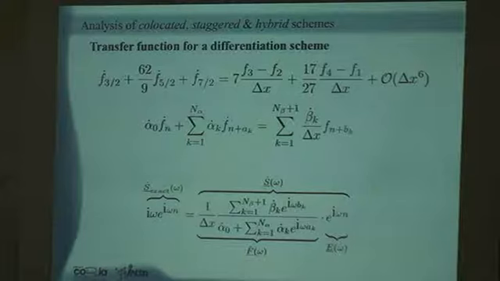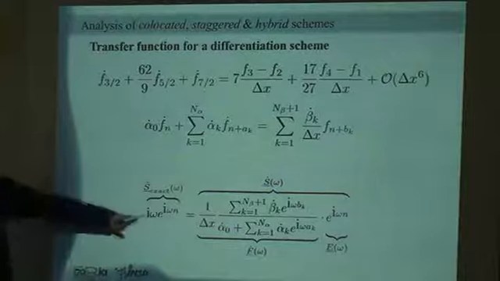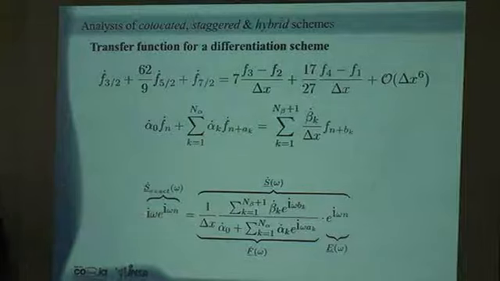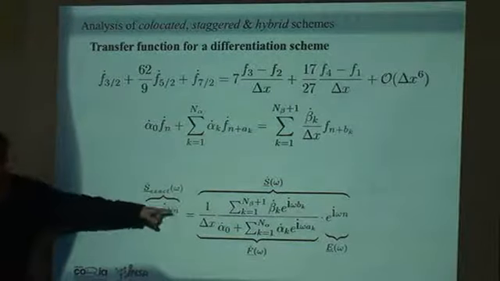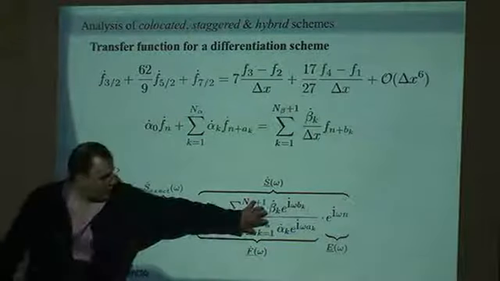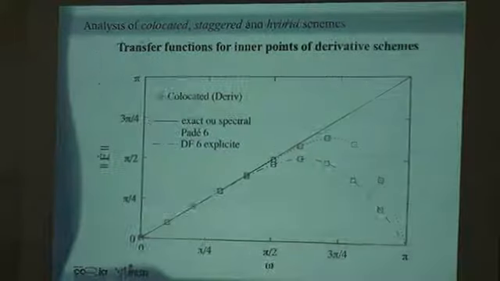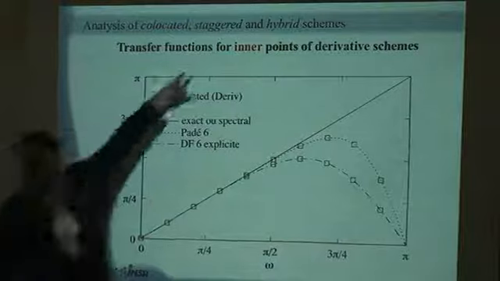And we classically calculate the transfer function for cosine and sine functions. If we calculate the derivative of exponential i omega n, we have the exact solution, very easy. And this is the numerically obtained solution. We can calculate the transfer function for inner points.